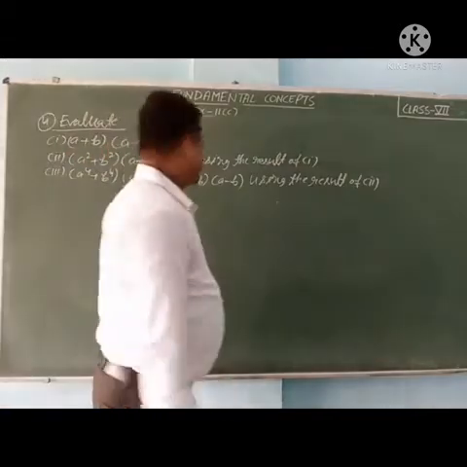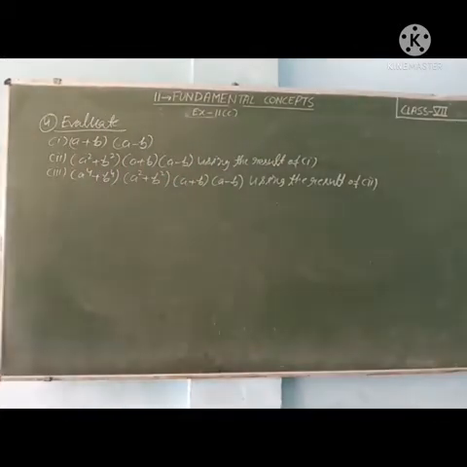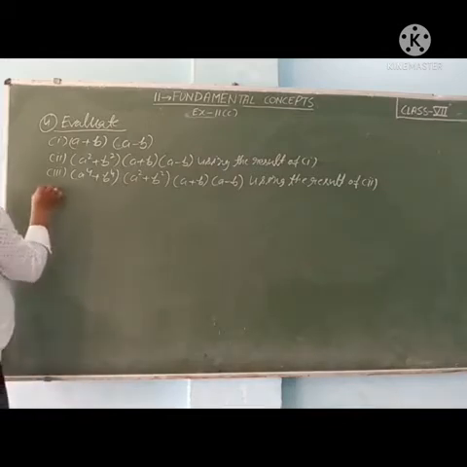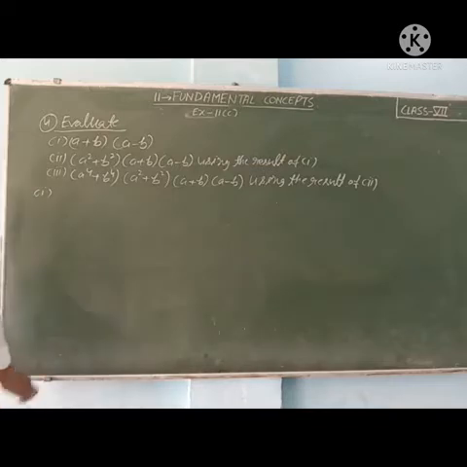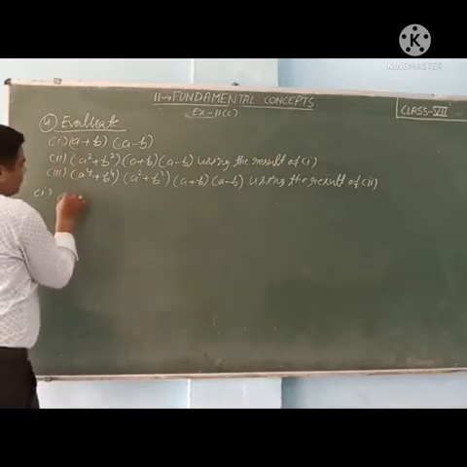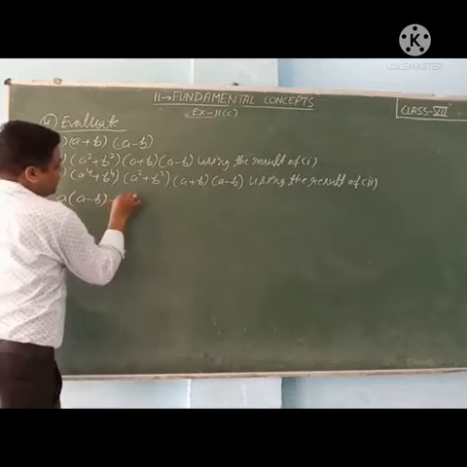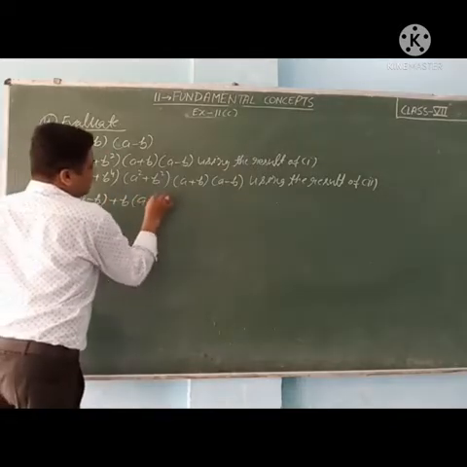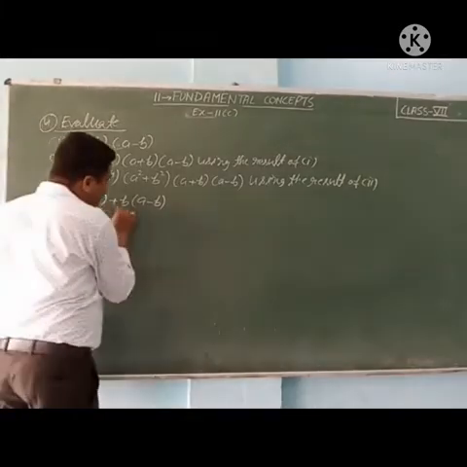See fourth sum, that is evaluate. First part is a plus b, a minus b. So we will solve first part, that is a plus b, a minus b. So it means multiplication of both the algebraic expressions. So first we will write this a, then this complete algebraic expression, then plus b, then again a minus b. So multiplication is given in two parts here.